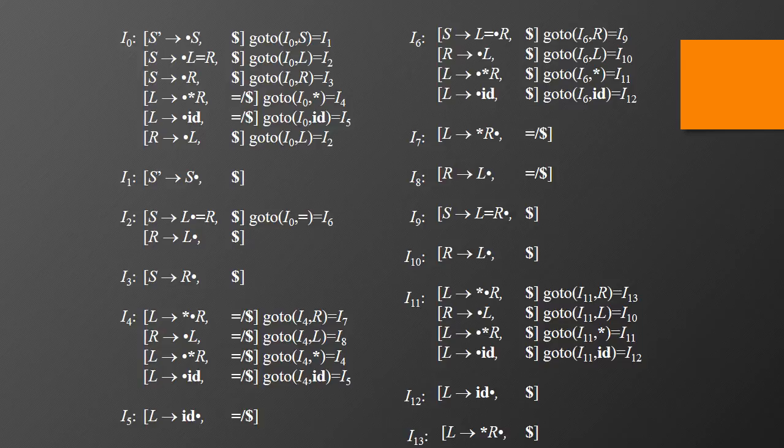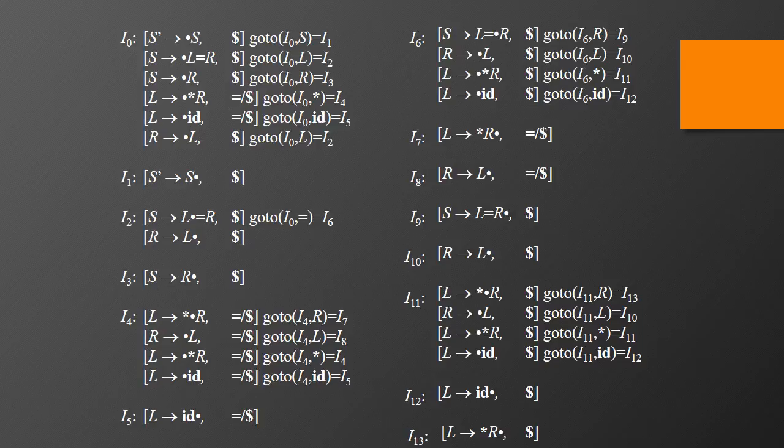So I0 comma S, which contains S only, will go to I1. I0 comma L, which contains S gives dot L equal to R, will go to I2. I0 comma R will go to I3. I0 comma star equals I4. I0 comma ID equals I5.